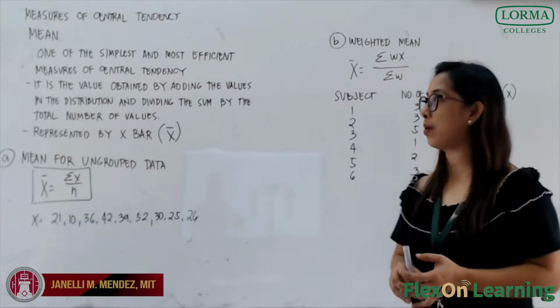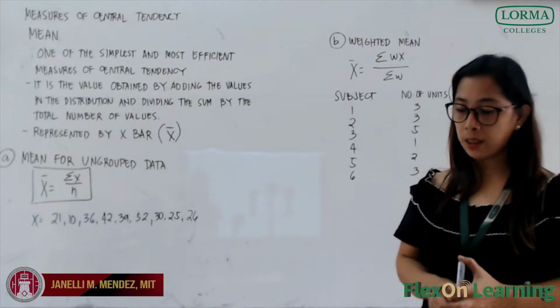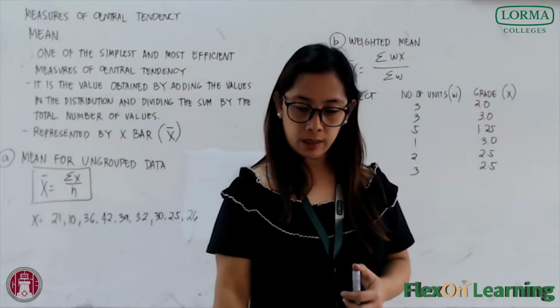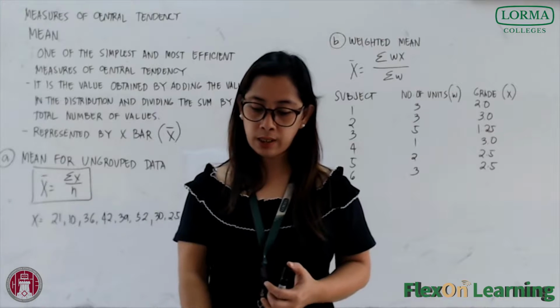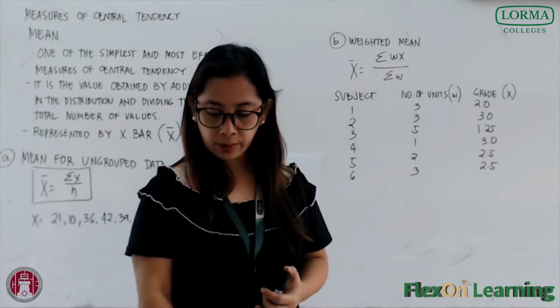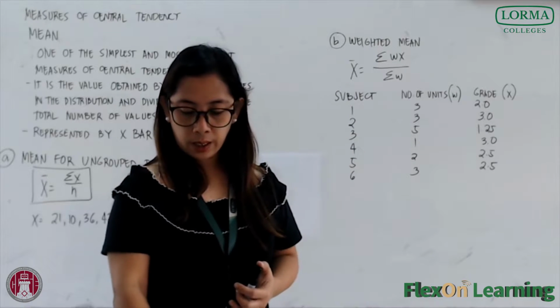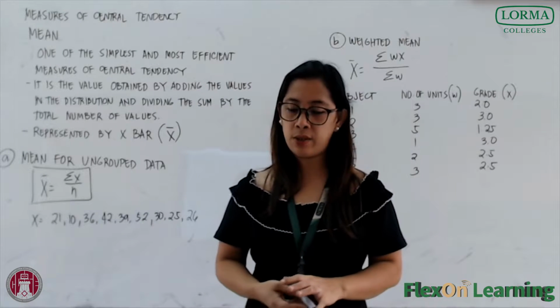Our next topic would be the measures of central tendency. In the measures of central tendency, presenting the data of our frequency distribution is a preliminary step of summarizing the data.